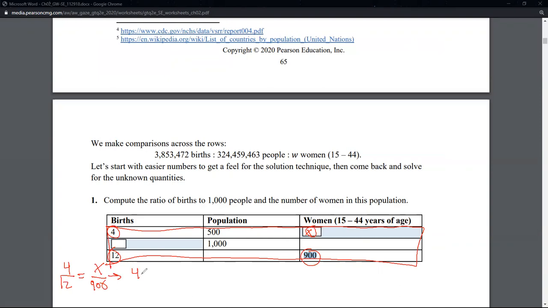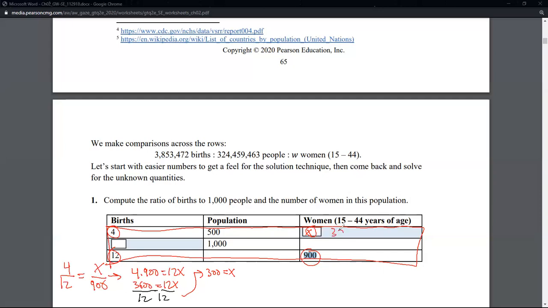So we'll get 4 times 900 is equal to 12 times x. 4 times 9 is 36. That's 3600 equals 12x. We will then divide both sides by 12, which will give us 12 goes into 36 3 times, so that's 300. So 300 is equal to x.